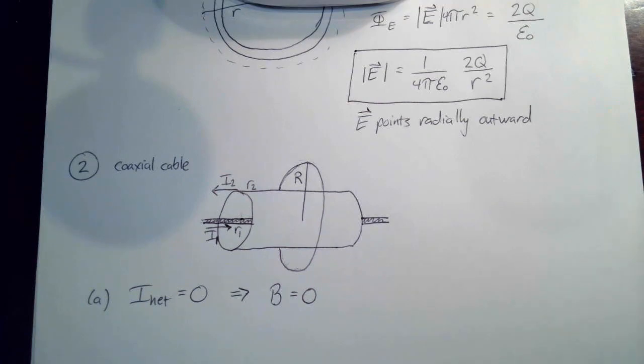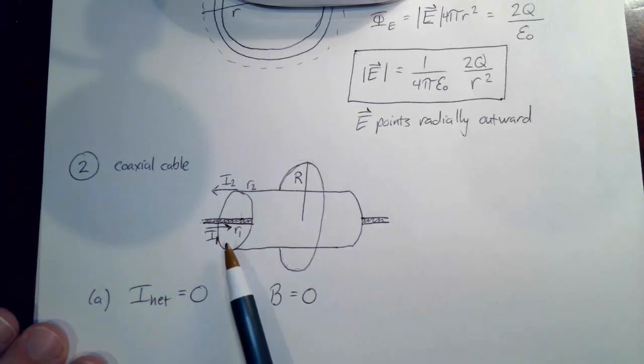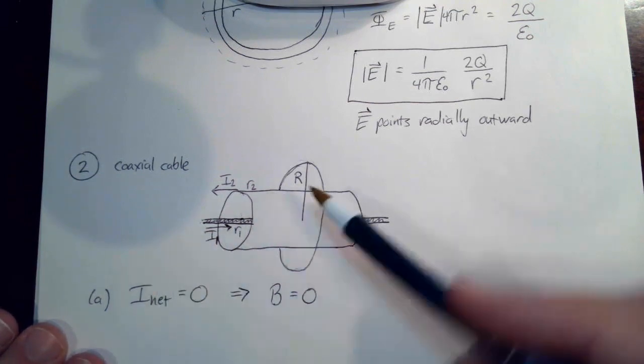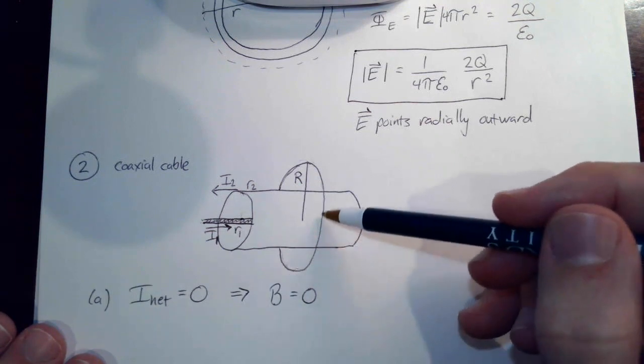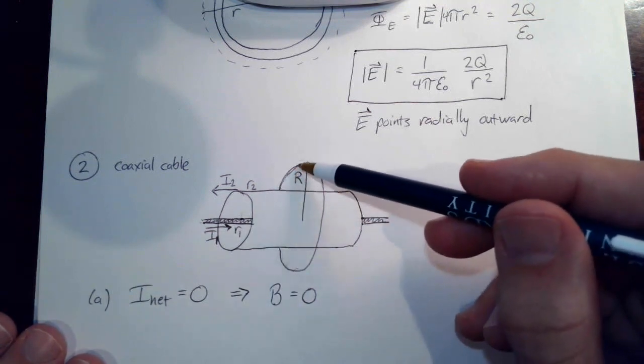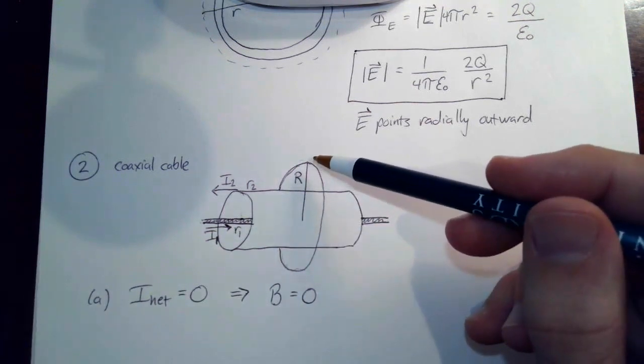All right, now part B is asking, what if I1 and I2 are not equal and opposite? What if I1 is greater than I2? Then the question is, what direction is the magnetic field? And to do this, anytime we define a direction for a magnetic field, if we're talking about the magnetic field around this loop here, we're either going to be talking about a clockwise or a counterclockwise magnetic field.